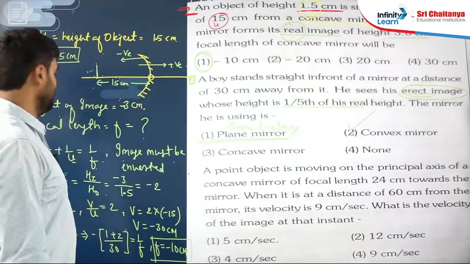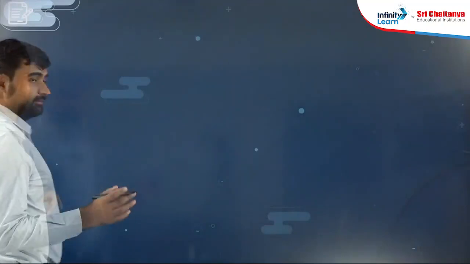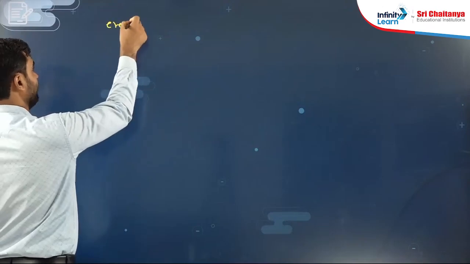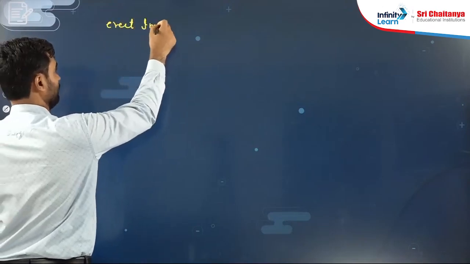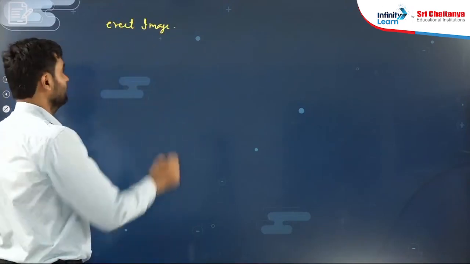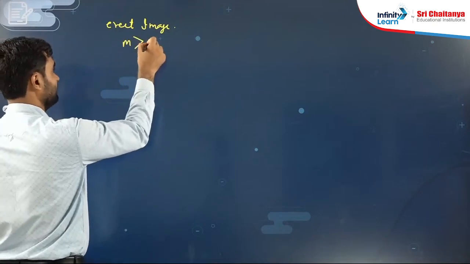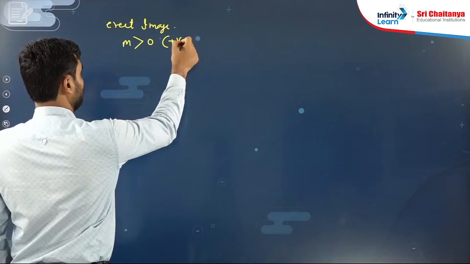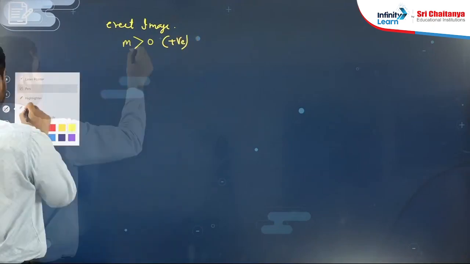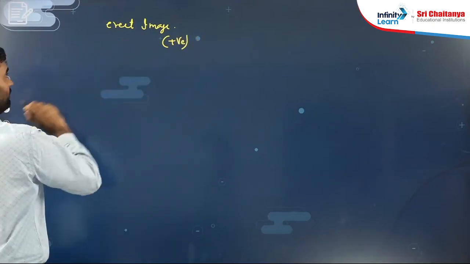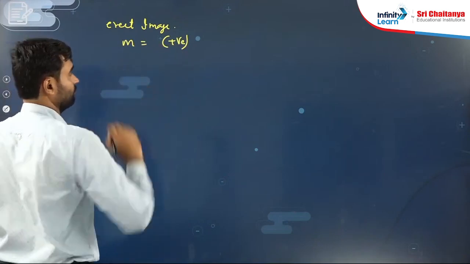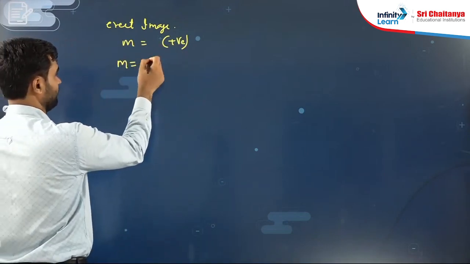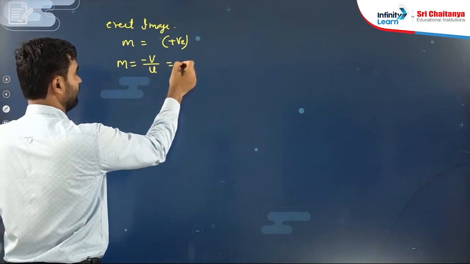Here they have given that it is an erect image, so our conclusion is that magnification is positive. We will just use that magnification is positive. And we know the magnification formula, m equals minus v by u, and it is positive.